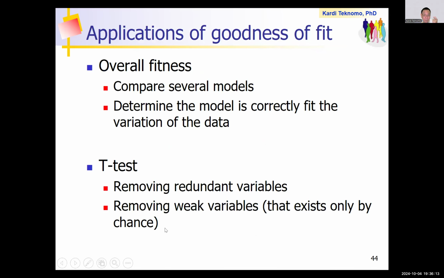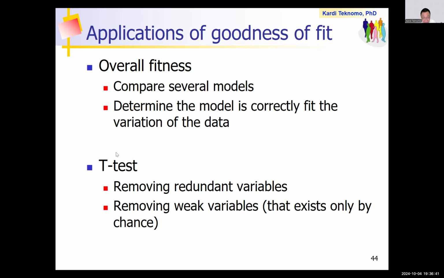You can test overall fitness using R square or using F to compare several models, which one is the best, and then you get the best model which correctly fits the variation of the data.